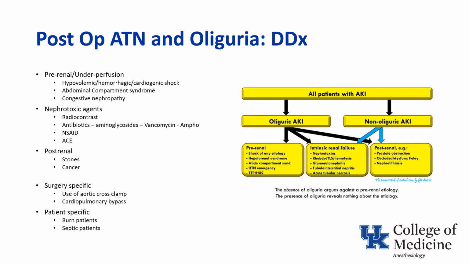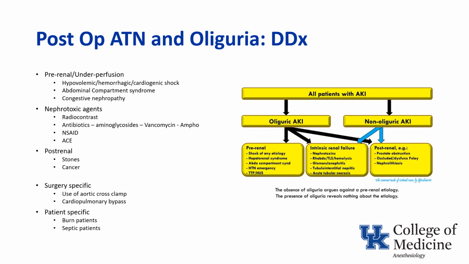So perioperative ATN and oliguria differential diagnosis is basically a differential diagnosis for acute kidney injury. And so we should go about figuring out the differential the same way as we would for any kidney injury, right? You start with the pre-renal causes of AKI, and the ones we think about most commonly is hypovolemia, right? The person's dehydrated. But it's not just hypovolemia, it's shock of any kind, right? Hypovolemic shock, hemorrhagic shock, cardiogenic shock, right?